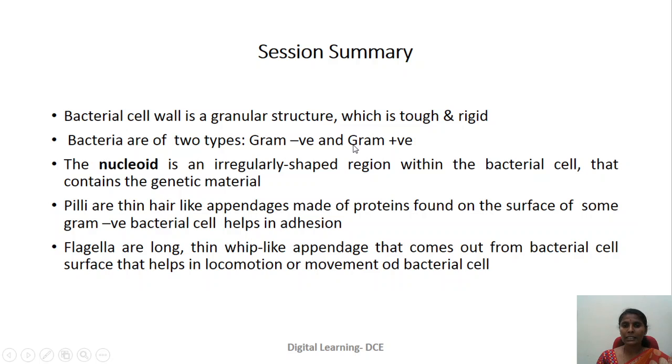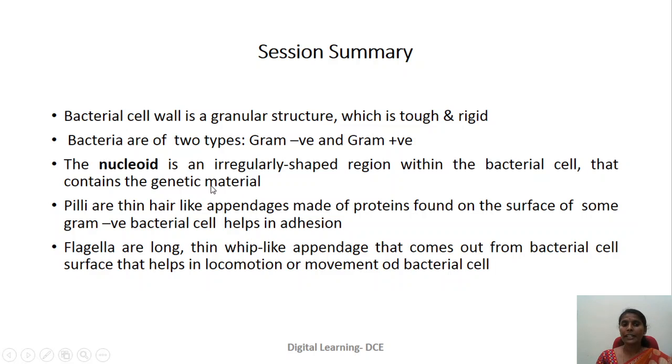Gram positive bacteria appear purple in color and Gram negative bacteria appear pale pink in color after the Gram staining procedure, which is mainly due to the differential amount of peptidoglycan layer as well as the outer lipid membrane, which is lacking in Gram positive bacteria and present in Gram negative bacteria.